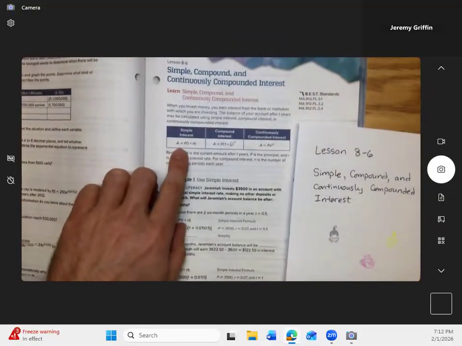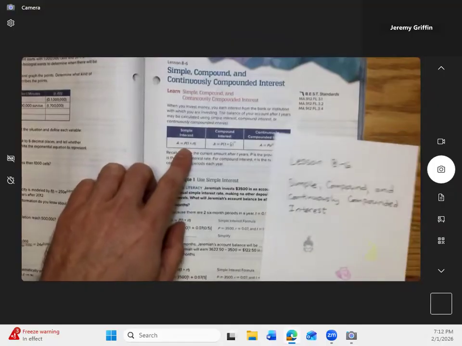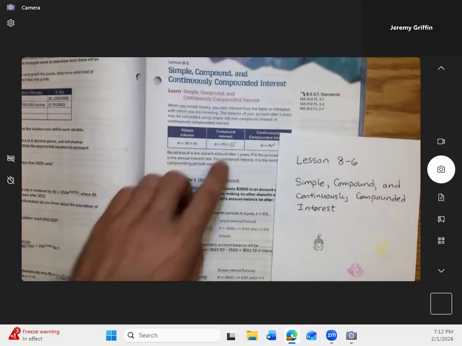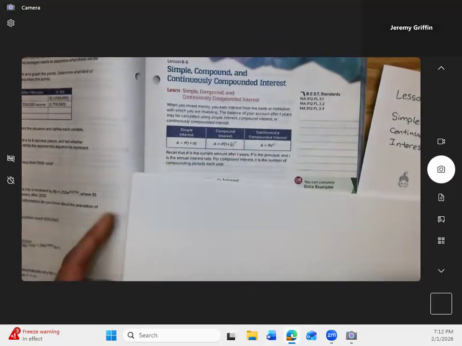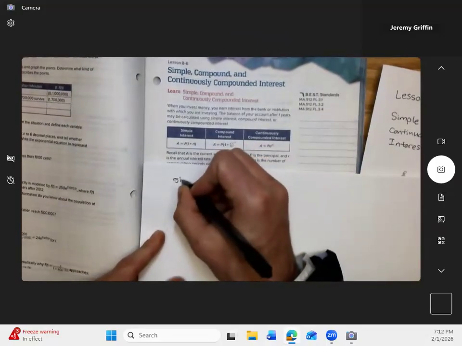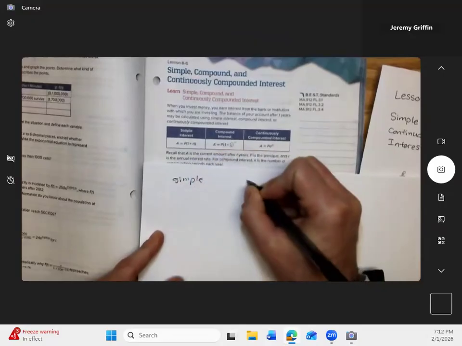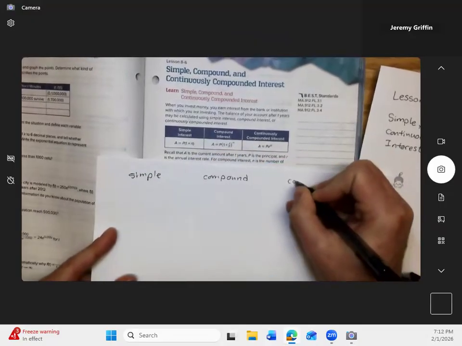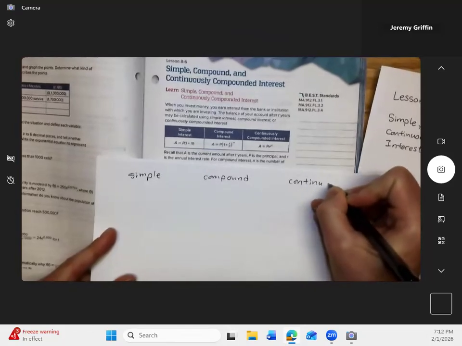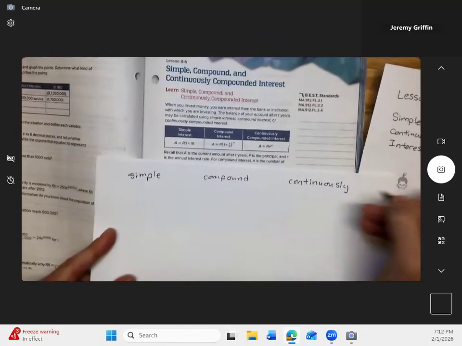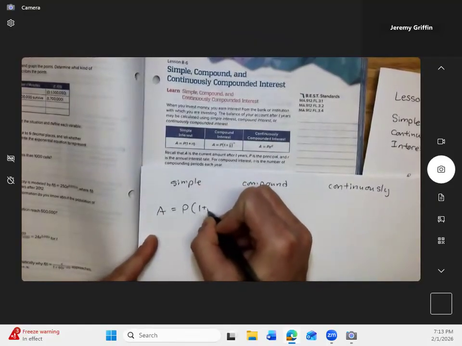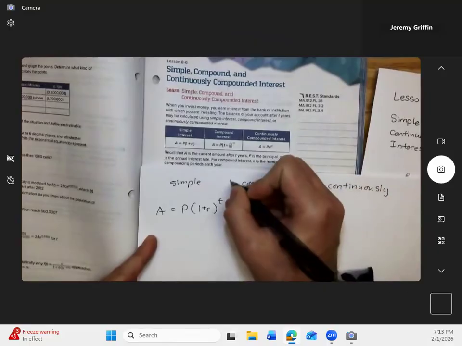All right, in your book on lesson 8.6, we have simple interest, compound interest. If those are really small, I'm going to write this bigger for the camera. So we got simple interest, compound interest, and then continuously compounded interest. We got A equals P times 1 plus the interest rate to the power of time.